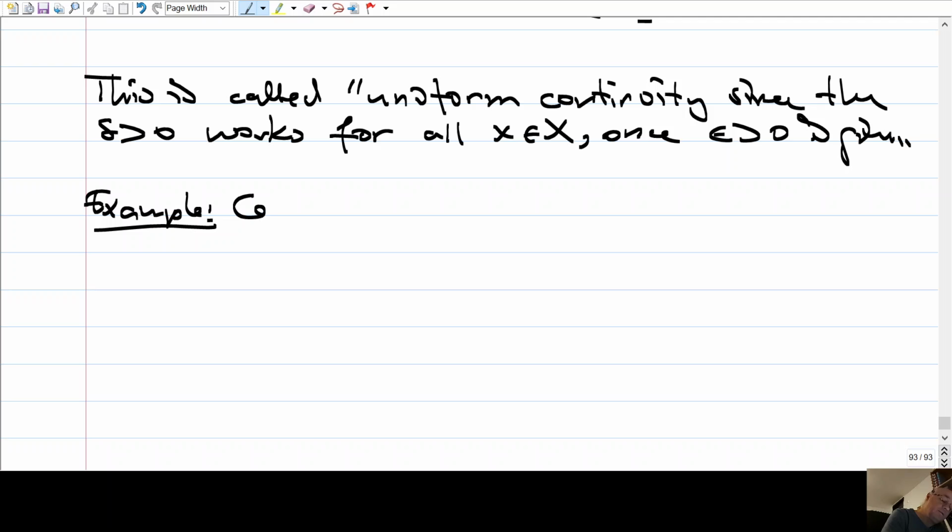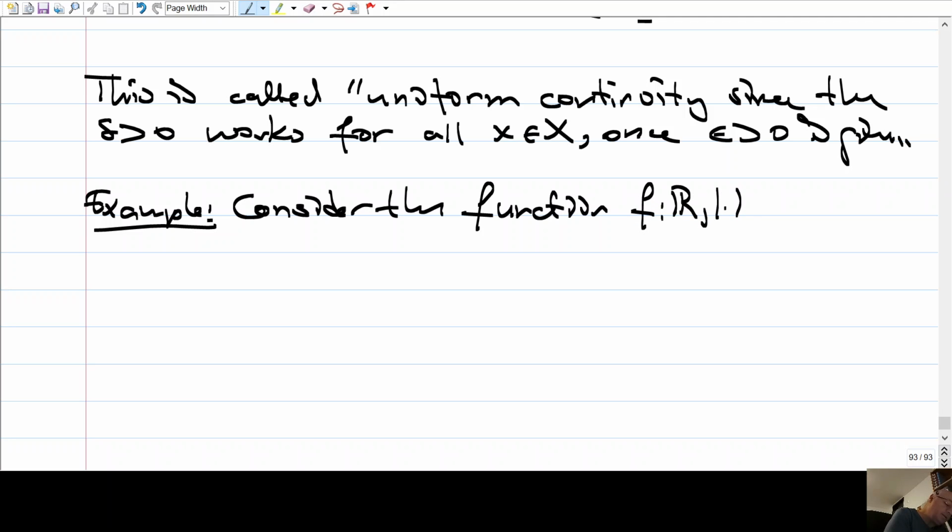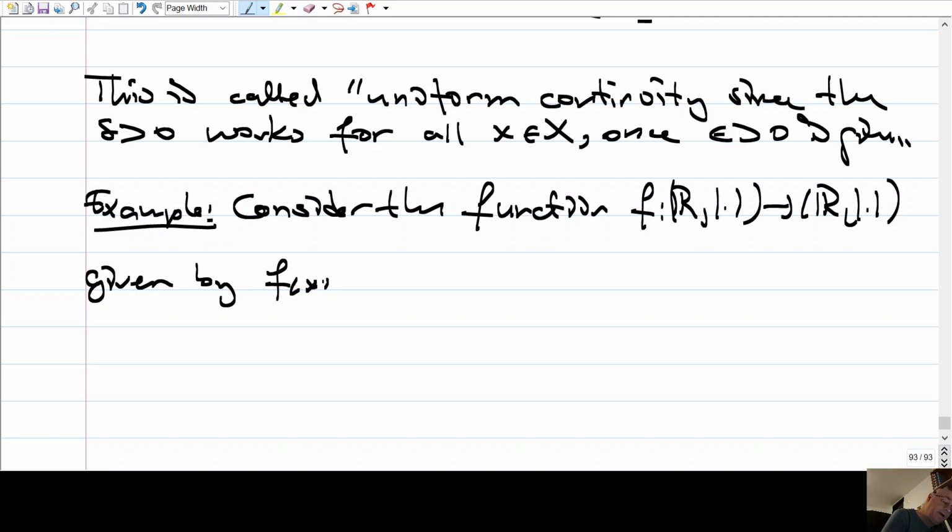Consider the function f from real numbers with absolute value metric to real numbers with absolute value metric, given by f of x equals x squared. Okay.